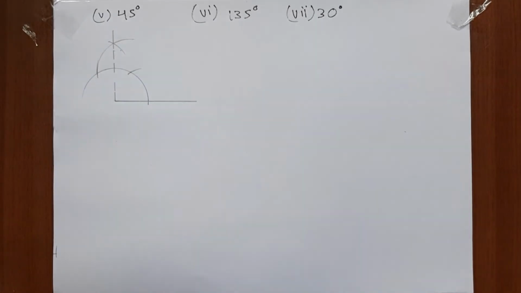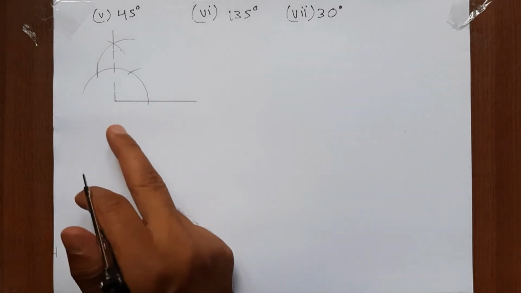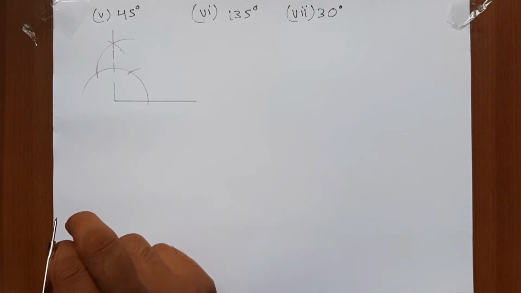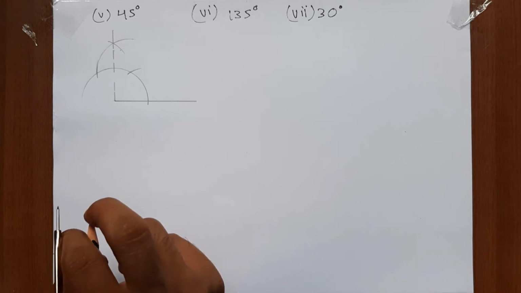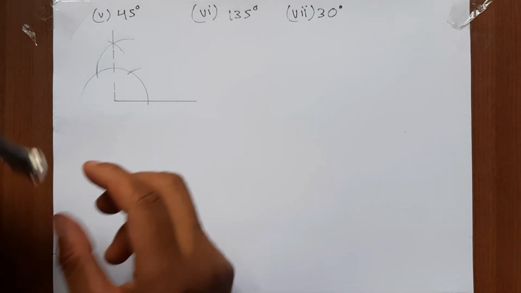Now in the previous video we learned to draw the angle bisector. So 45 degrees is half of 90 degrees. That's why if we draw the angle bisector of 90 degrees, we can easily get an angle of 45 degrees. So let us draw the angle bisector.